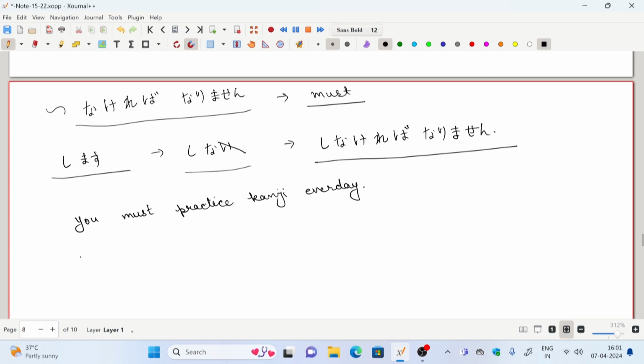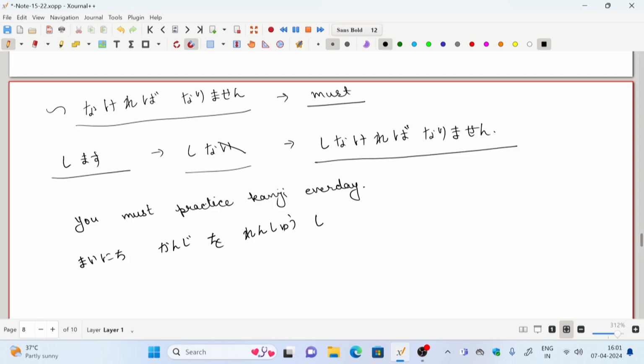So mainichi. Mainichi kanji o. Practice is renshu. Mainichi kanji o renshu shimasu. To do, practice will be renshu shimasu.